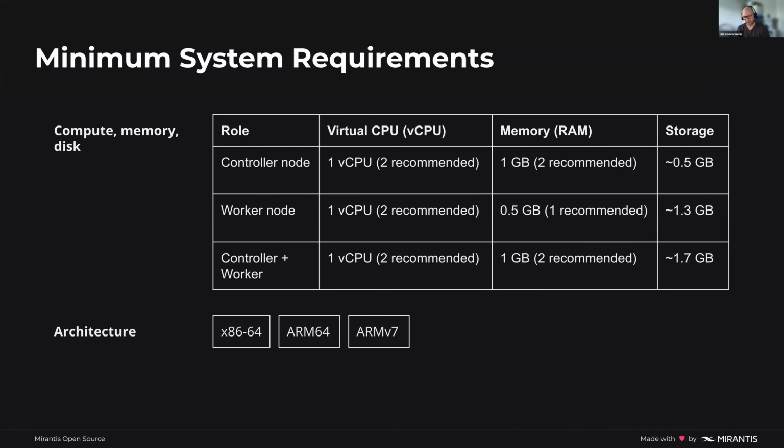We don't bundle and force people to use things like Istio and other large bits and pieces. And as said, especially the worker nodes, we've actually managed to run in these tiny 0.5 gig RAM boxes with one ARM v7 CPU, and I think that was a nice surprise that it actually still leaves a bit of room for the workloads to run.